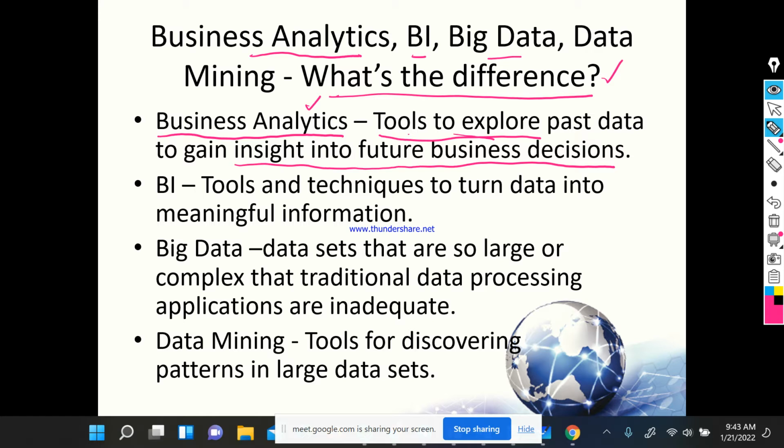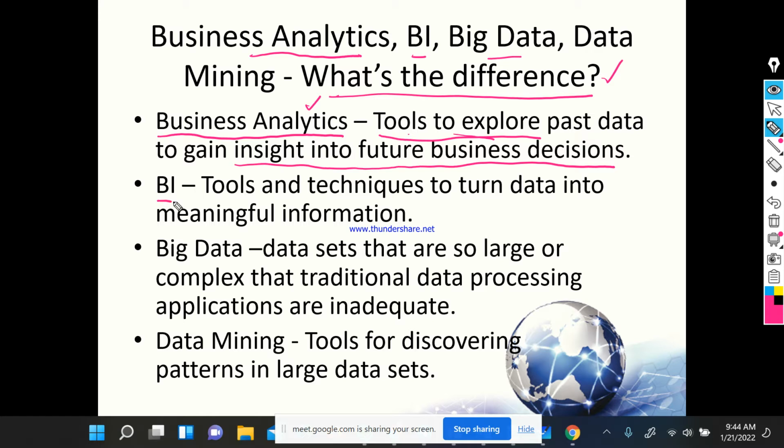Analytics is derived from two words, analysis and tactics. Analysis and tactics help to understand the trend of the past data, and based on that trend we try to understand what is going to happen in the future. Of course, it is a probability, not absolute, but you can still have some kind of prediction.